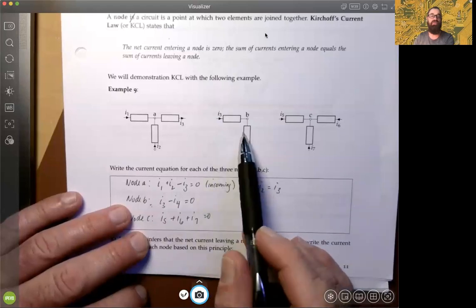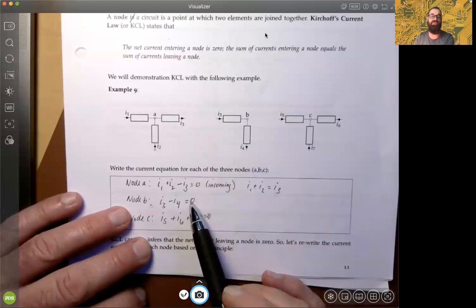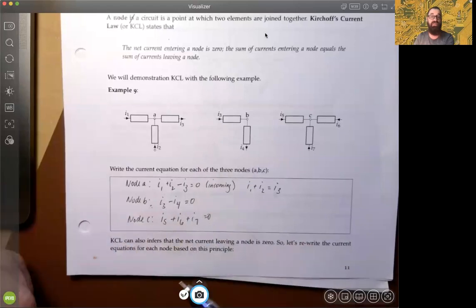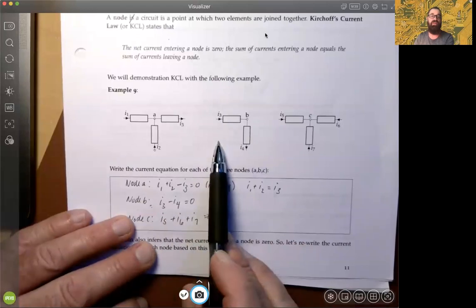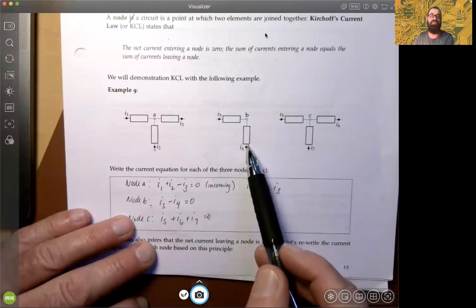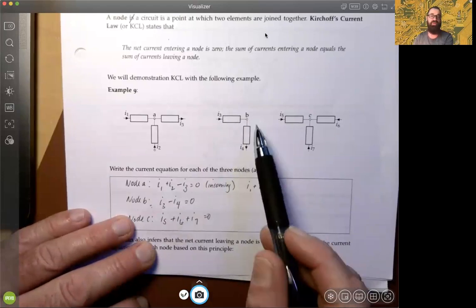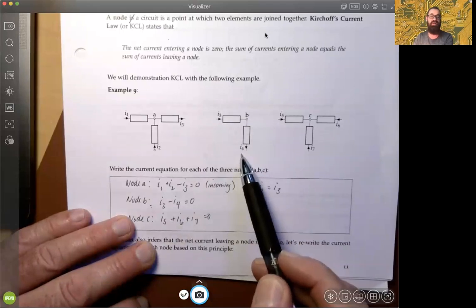Similarly, look at node B. You have an incoming and an outgoing current. Summing the incoming currents to the node and setting the sum equal to 0, we have I3 minus I4, because the incoming current would be minus I4, since the reference direction is away.